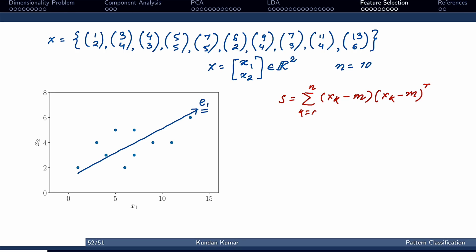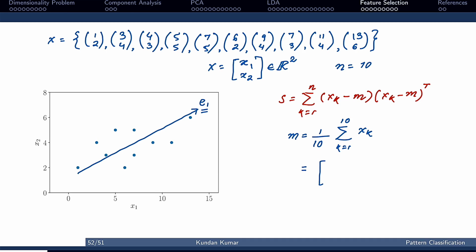Before computing the scatter matrix, we need to compute the sample mean m equal to 1 by 10, because we have 10 samples, summation k equal to 1 to 10 of xk. Here xk is a two-dimensional feature vector, so m will also be a two-dimensional vector. How can we compute it?